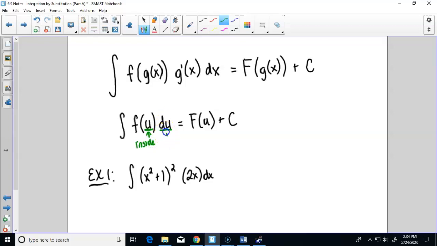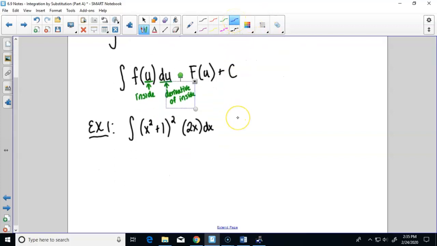And the du is the derivative of the inside. So for this problem, you can kind of see here, like we do with the chain rule, this x squared plus 1 is my u. It's my inside part of the function. So u is going to be x squared plus 1.